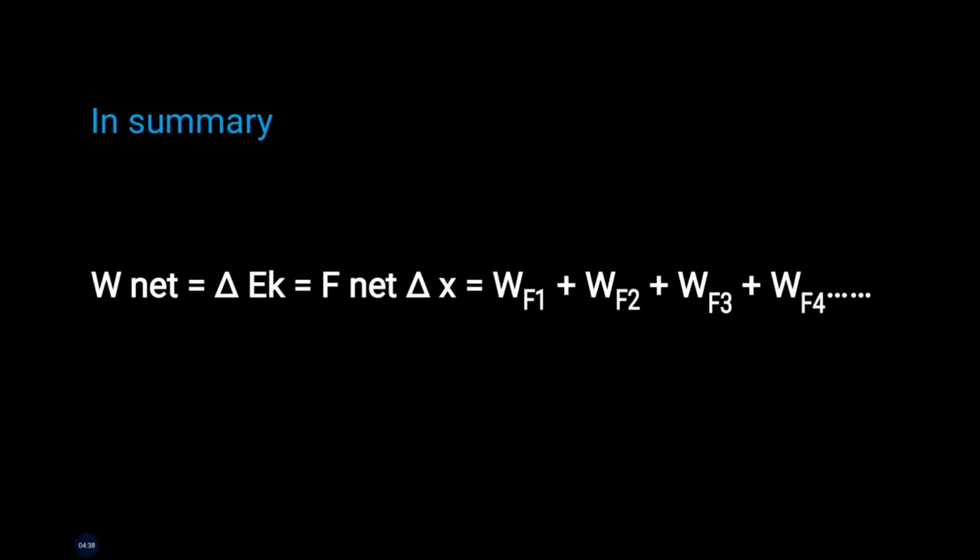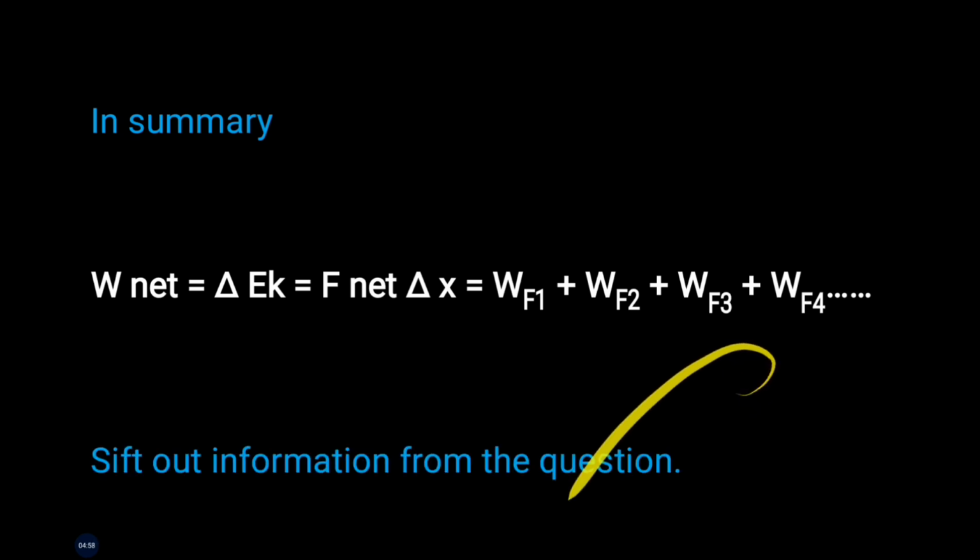So in summary, W net is equal to delta EK is equal to F net delta x is equal to the work done by force 1, by force 2, depending on how many forces you have. Which of these formulas you use will depend on the information given, so it is important to read the question carefully and sift out the information.